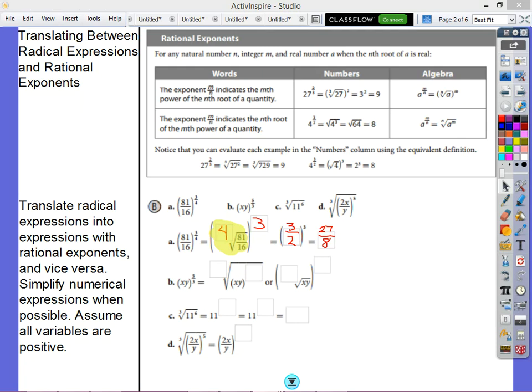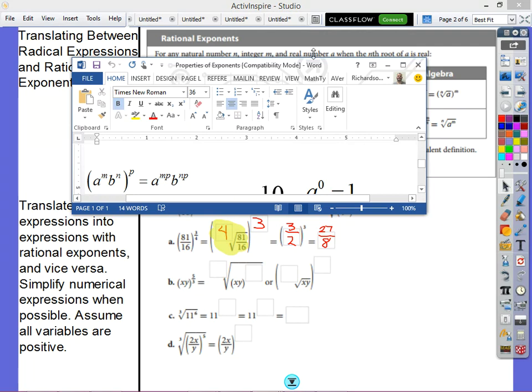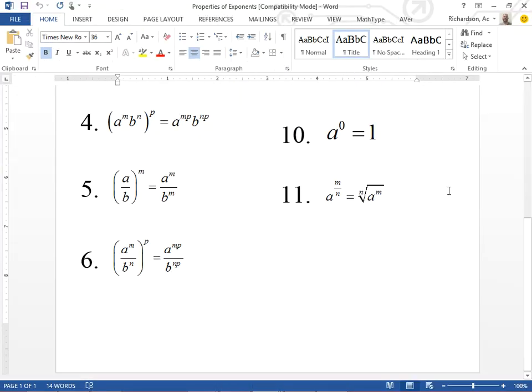If you look at that document, here's the one that says if you have an exponent on the outside of a parentheses and a fraction on the inside, then that exponent needs to be applied to both the numerator and the denominator of that fraction. That's basically what we did.